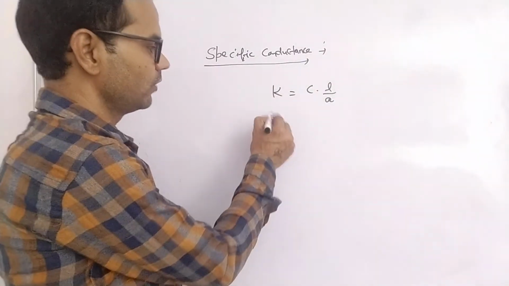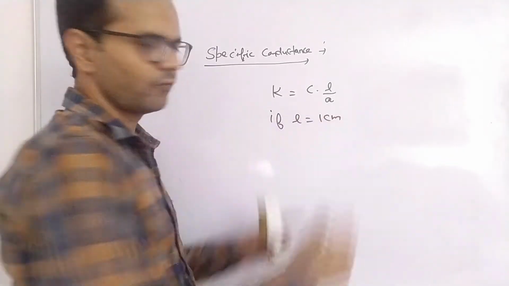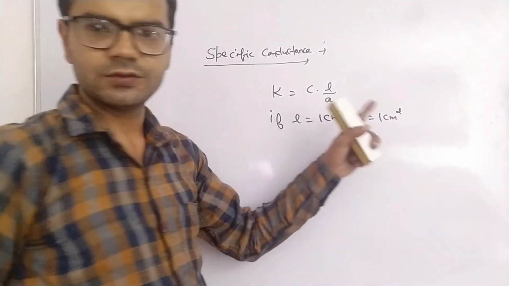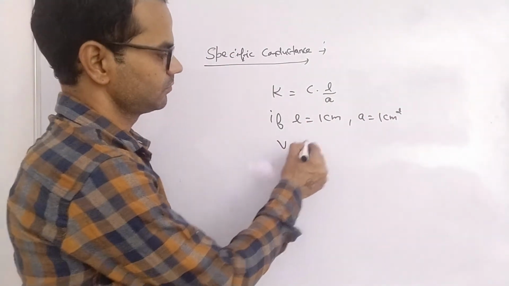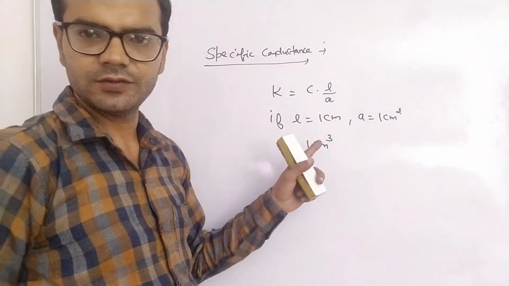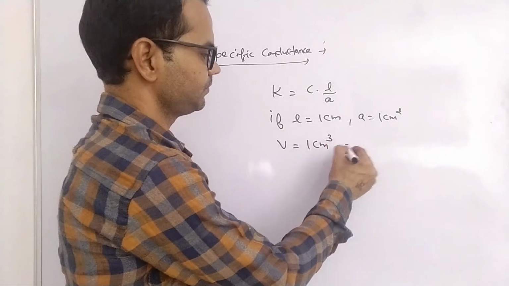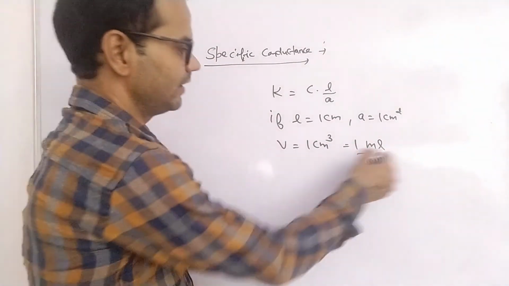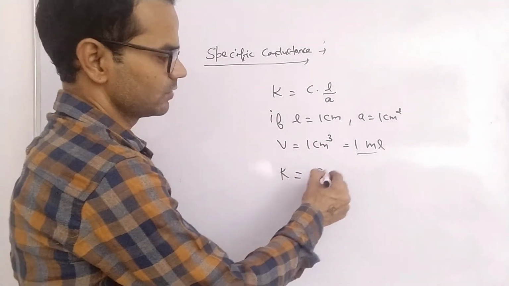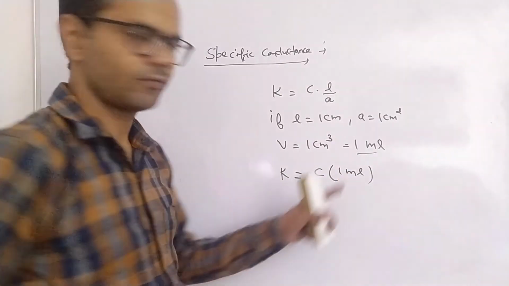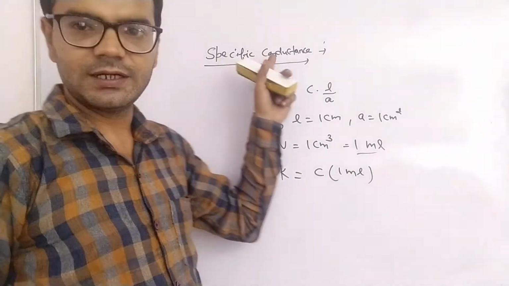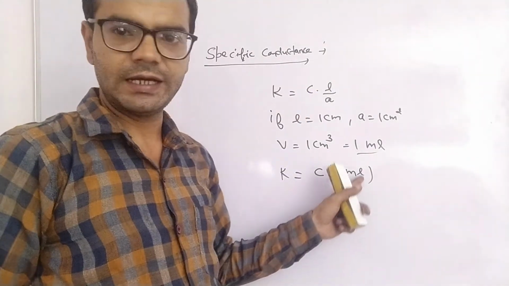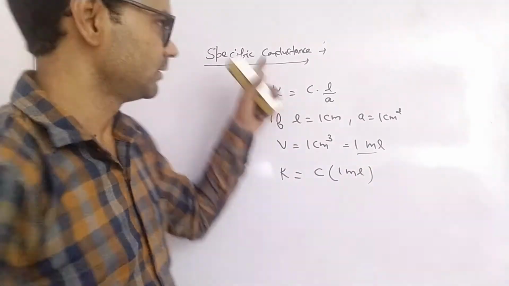But if L equals 1 centimeter and area equals 1 centimeter square, so definitely volume will be 1 centimeter cube, and 1 centimeter cube may be written as 1 ml. So we can put the value here, K equal to C into 1 ml.